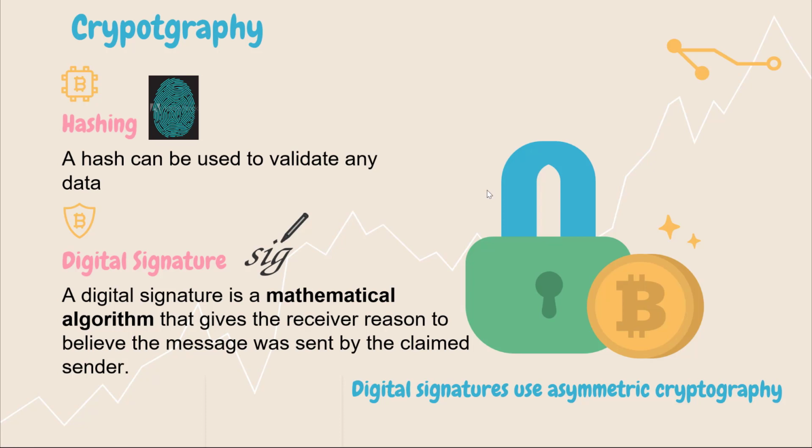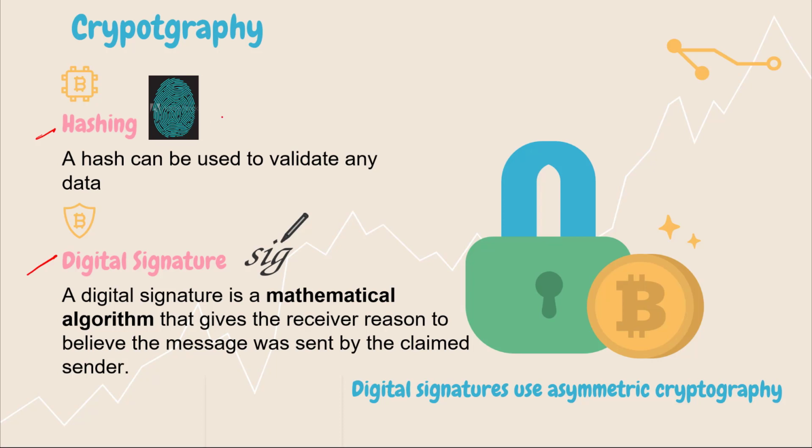So in general, cryptography is used heavily in blockchain, especially two tools of cryptography: one of them is hashing and the other one is digital signature. If you have not watched the previous video on hashing, you can watch it on my channel.